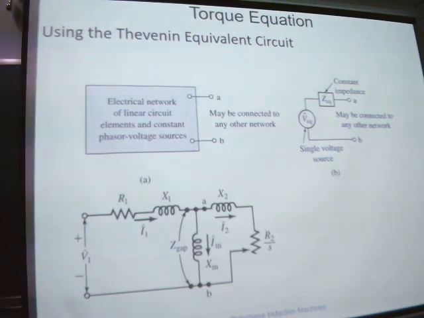We usually use the Thevenin equivalent circuit to calculate the circuit.